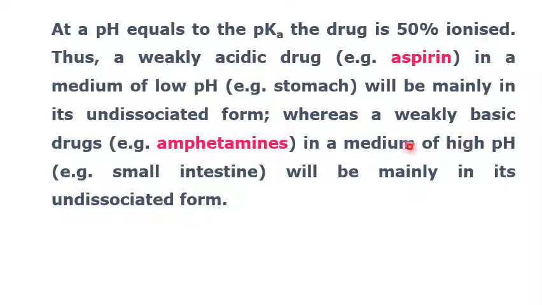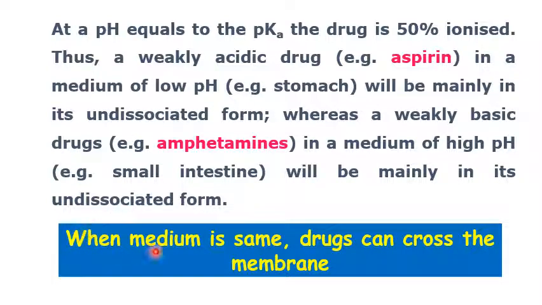While amphetamine is a basic drug, in a medium of high pH, like the small intestine pH, it will be mainly in the undissociated or unionized form. As a general rule for the absorption of weak electrolytes, when the medium is the same, the drug can cross the membrane. This is a general rule for the permeation of weak electrolyte drugs.